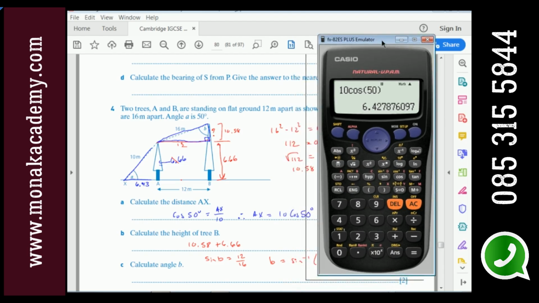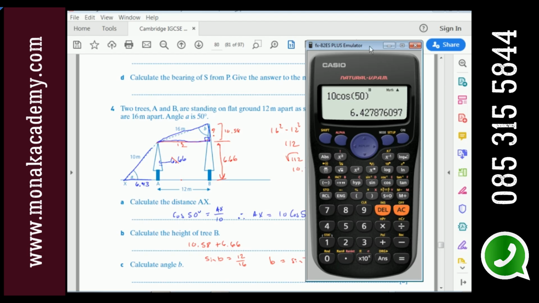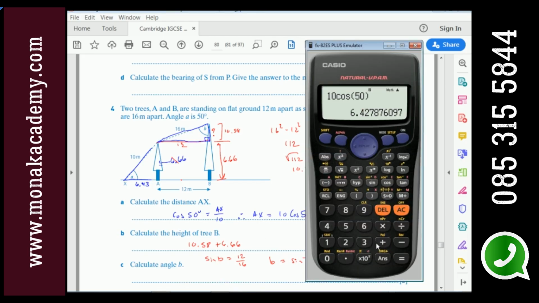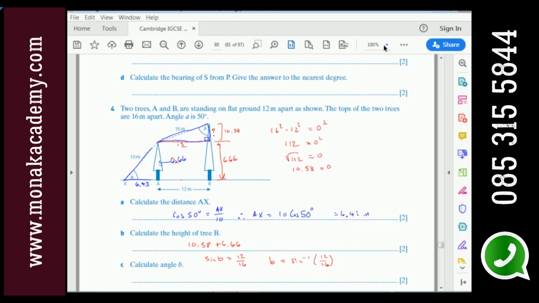But I'll probably use cos, please, to find angle B. I want to see it in writing. 48.59, which is 48.6. We're getting 48.6 degrees.